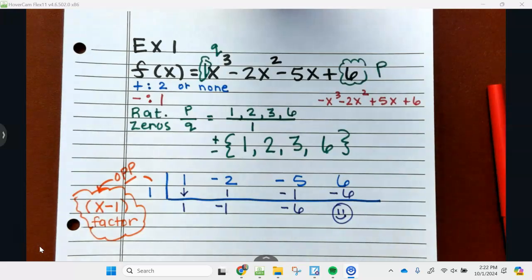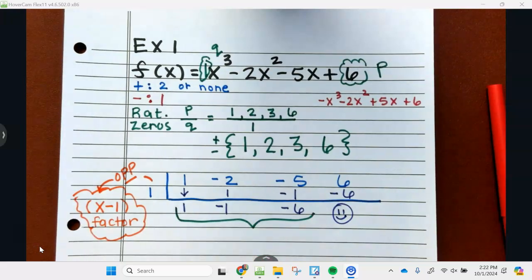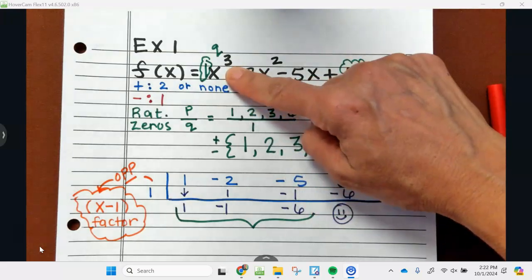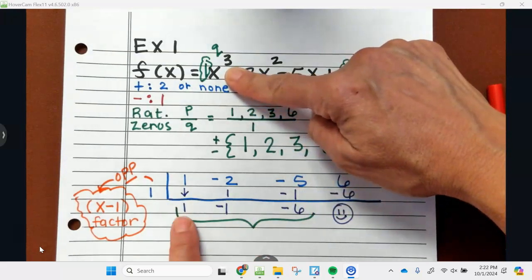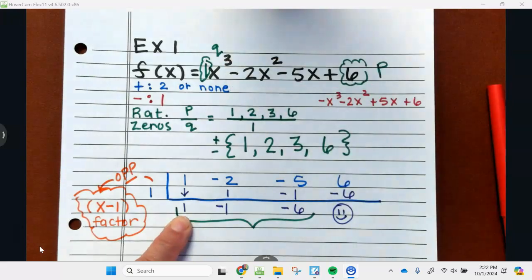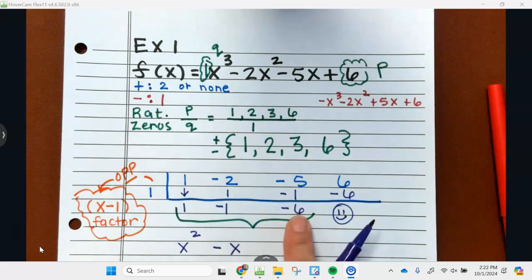What I need to focus on are these numbers down here. So remember, this was to the degree of 3. So these are the answers to the degree of 2. So this is going to be x squared minus x minus 6.